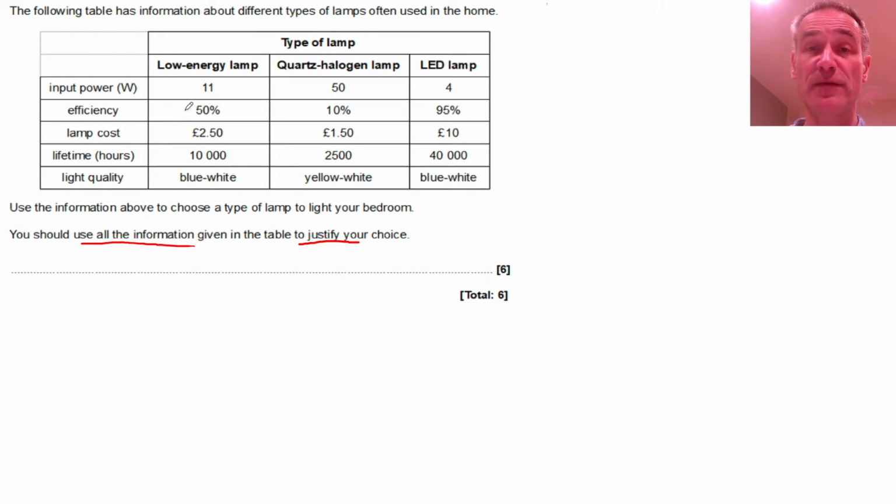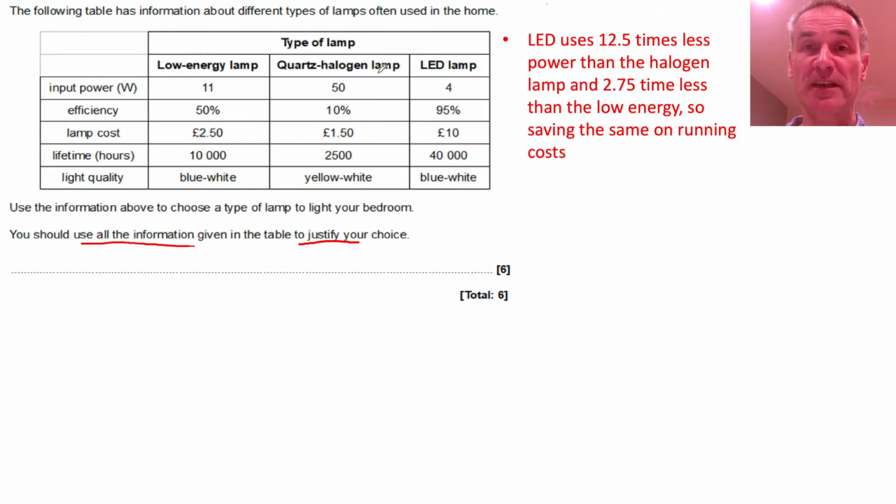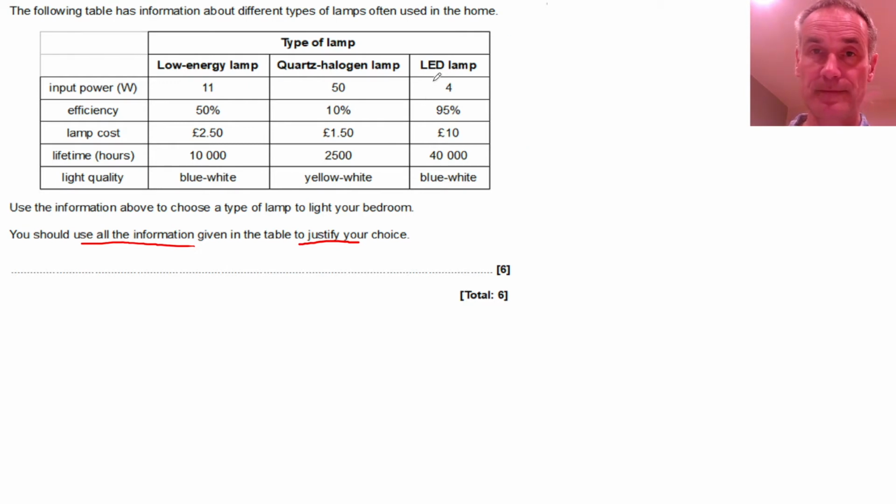So let's start with the first one. This is about the input power. So I would do one at a time. So if I look at this, I'm going to look at the LED. And of course, the LED uses massively less energy than the halogen. 50 divided by 4 is actually 12.5.